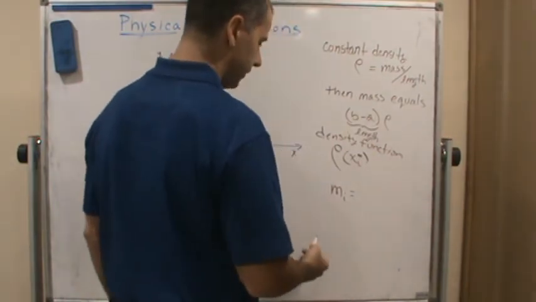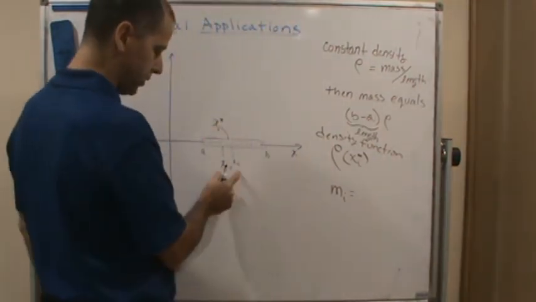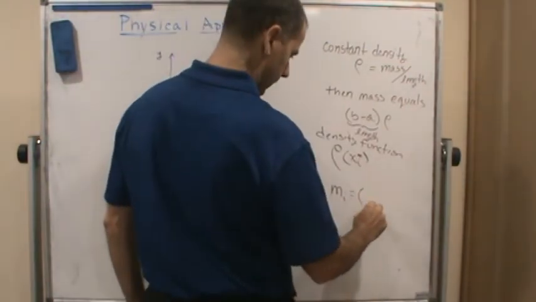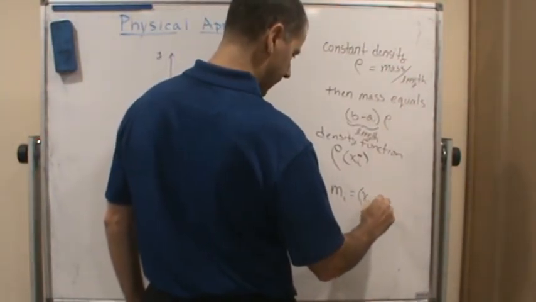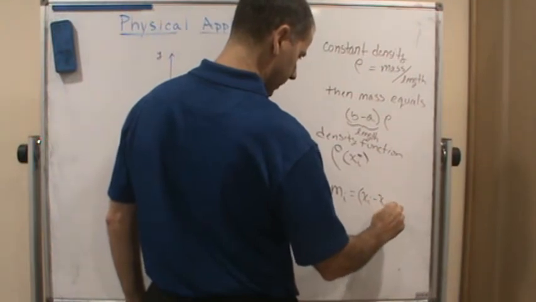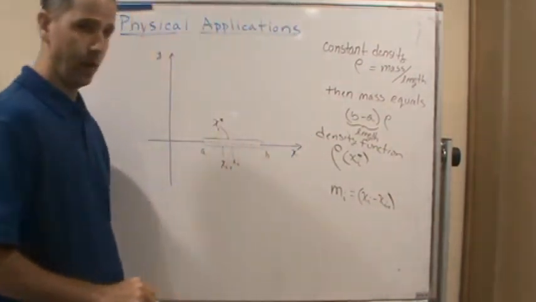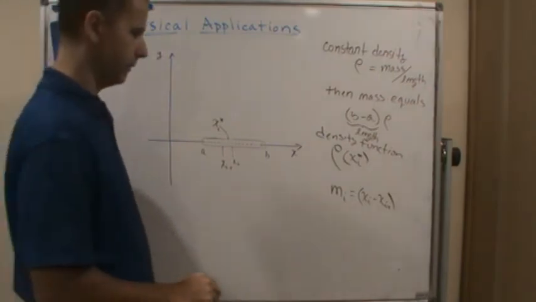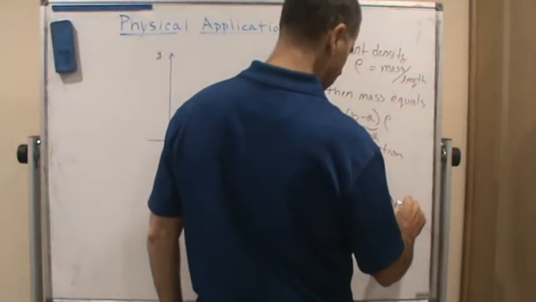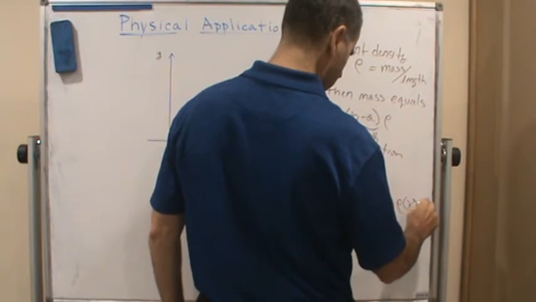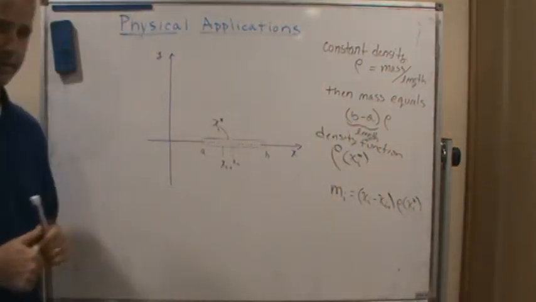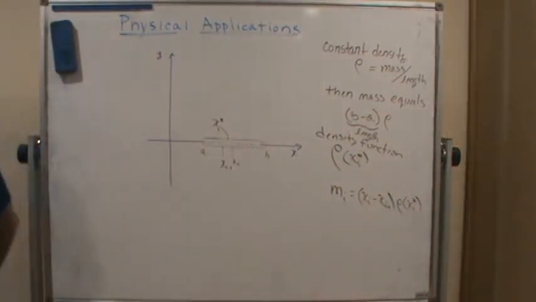It's going to be the length of that partition, so x sub i minus x sub i minus 1, times the density of that subinterval.